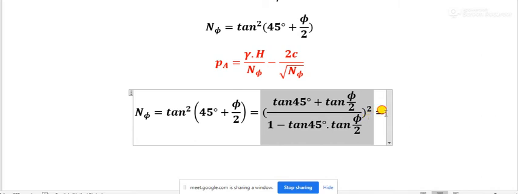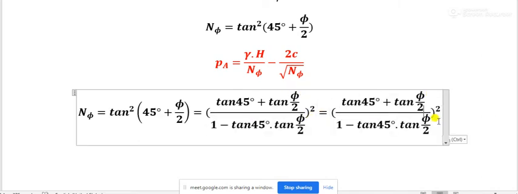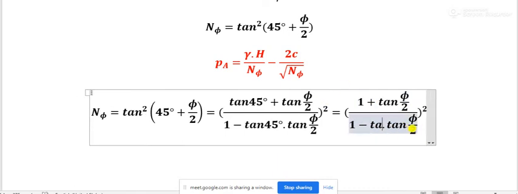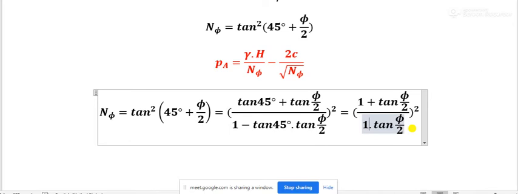put the values of tan 45 degree, that is tan 45 degree equals to 1.